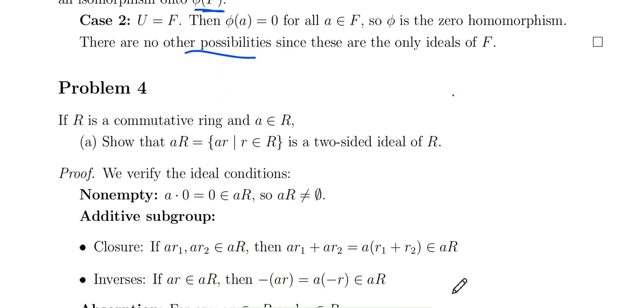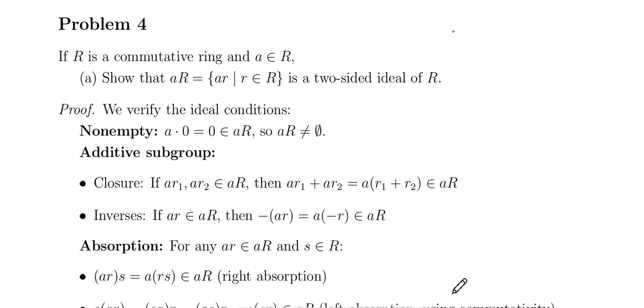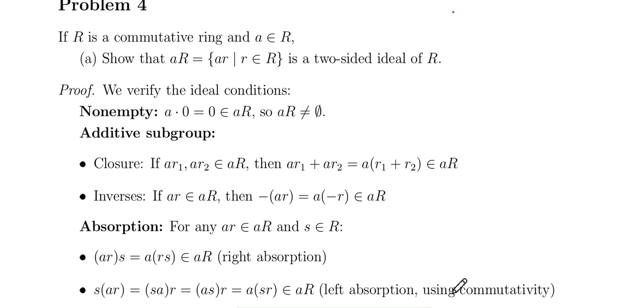Now, R is a commutative ring and A belongs to R. Suppose AR is defined as the collection of A r for r belongs to R. This is a two-sided ideal of R, not just a one-sided ideal.